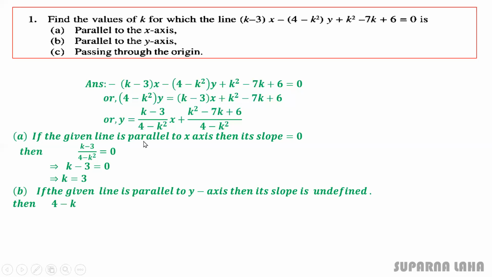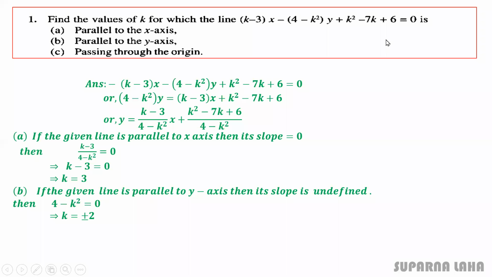That is, 4 minus k square should be equal to 0. So if 4 minus k square equals 0, then k is what? Plus minus 2. So for k equal to plus minus 2, we can say that the line is parallel to the y-axis.